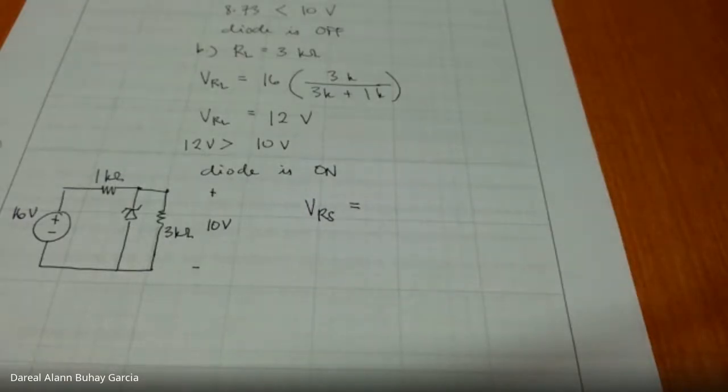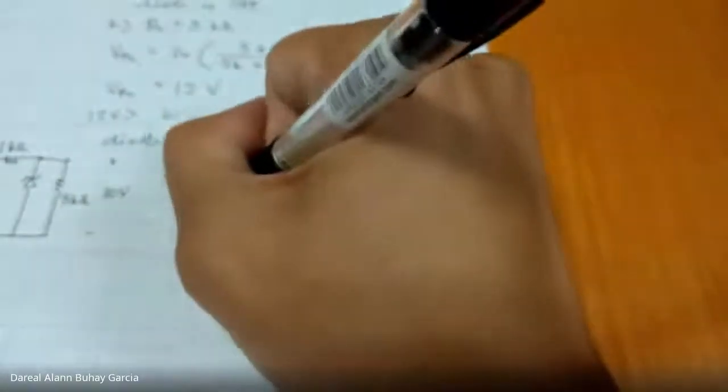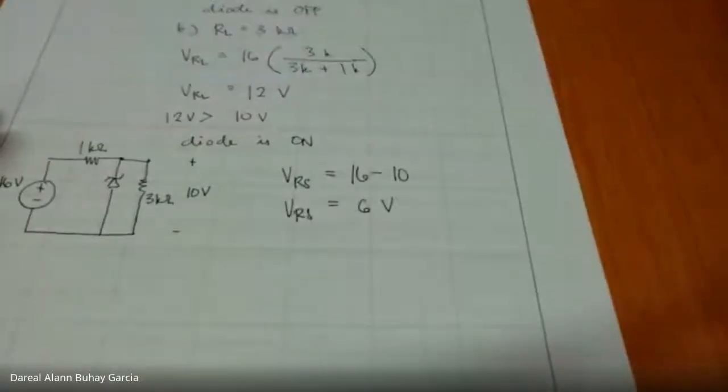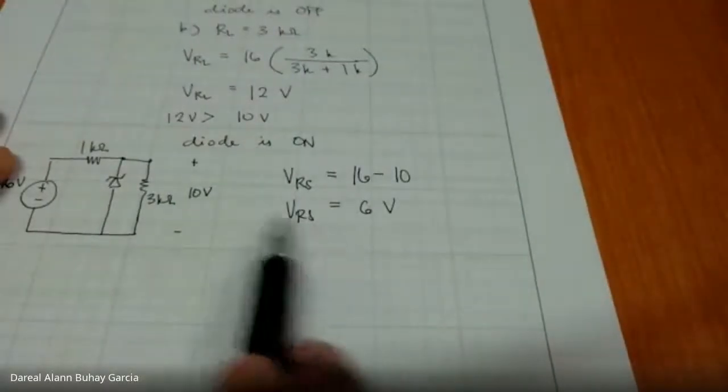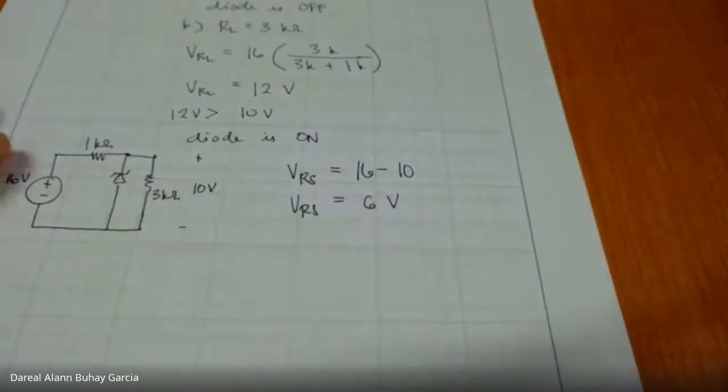May maka-observe, no? Pila man? 6? So, sakto to. 16 minus 10, of course, VRS is 6 volts. So, automatic na siya. No? So, na-maintain pod ang voltage drop sa atong source resistance, 6 volts.